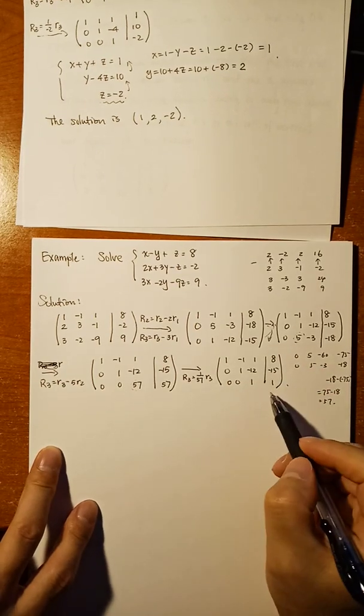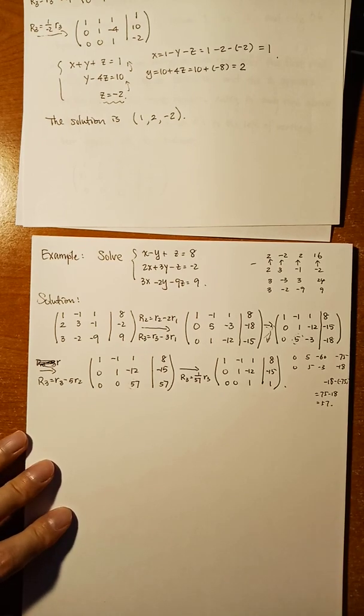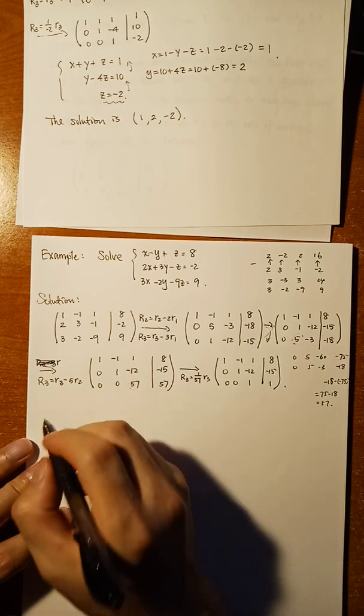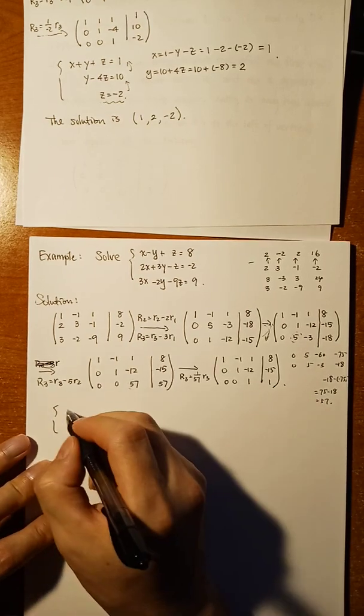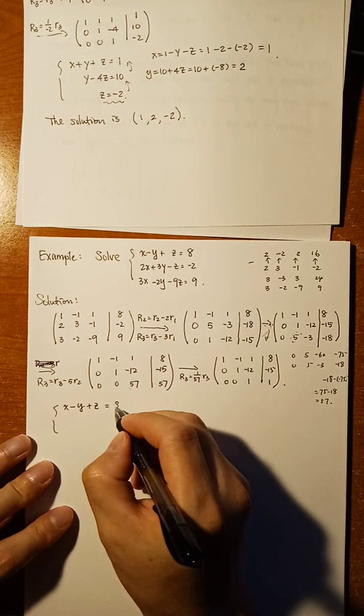Okay, so this is our augmented matrix in the row echelon form. And once you reach the row echelon form, you're going to write the corresponding system of linear equations.